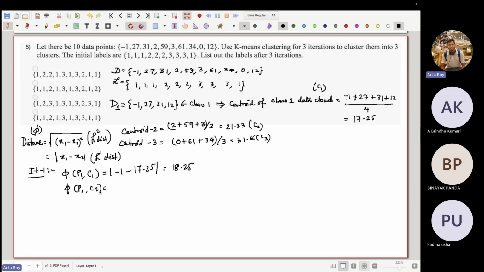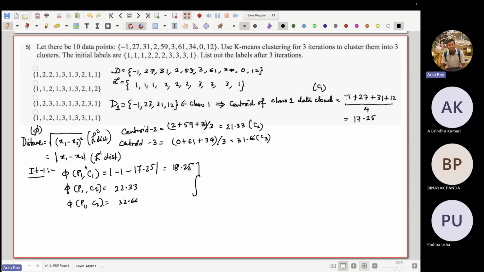I will just scale it up for the other cases. In the next case, it is 22.33. Then phi of P1 comma C3, if you solve this, you will get a value of 32.66. So from these three distances, we have calculated the Euclidean distance or L1 distance between point 1 and centroid 1, centroid 2, and centroid 3.